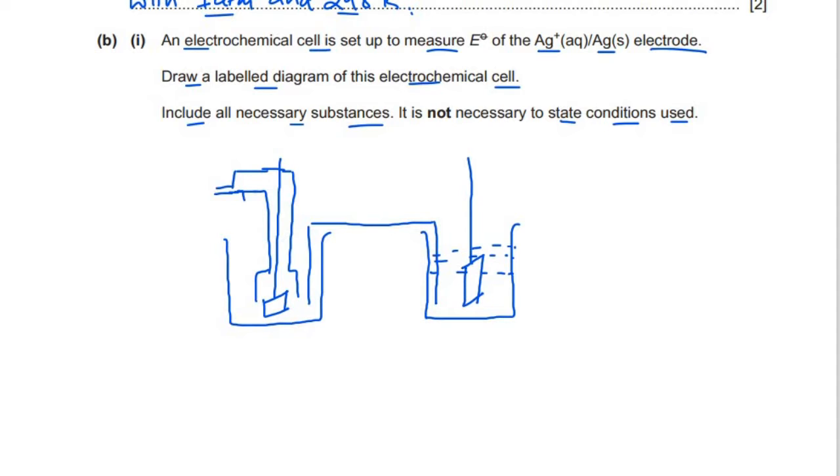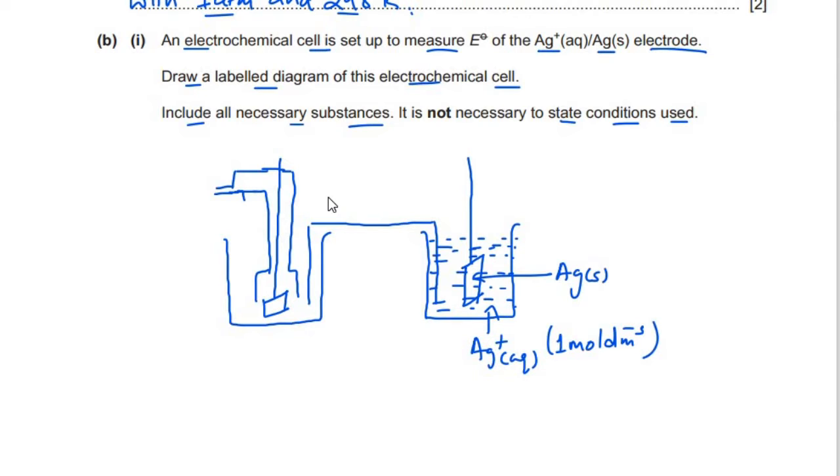So the silver electrode is drawn, so I should label this as silver electrode, where I'll draw it as solid. Let me fully label it, and then I should also mention this is Ag+ ions, that is the electrolyte in aqueous form, that has to be 1 mole per dm cube.